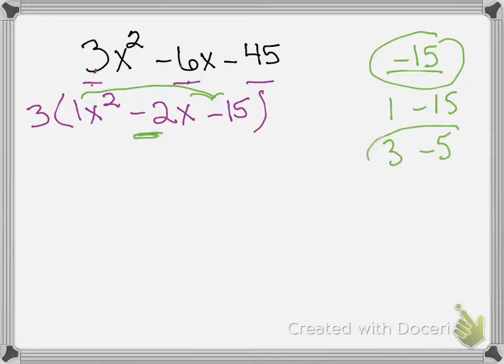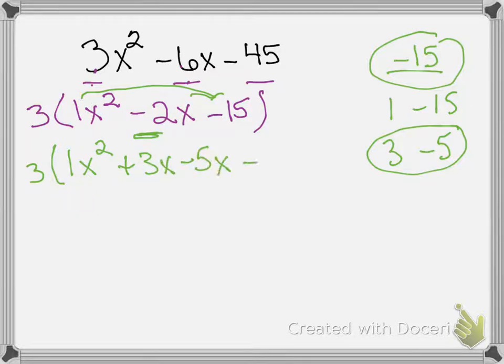Well, 3 plus -5 is -2, so those are the two numbers we want. The 3 on the outside will come down. The parentheses come down, the 1x squared comes down, and then we have plus 3x minus 5x, and we bring down our -15. So then we're good to do our grouping.